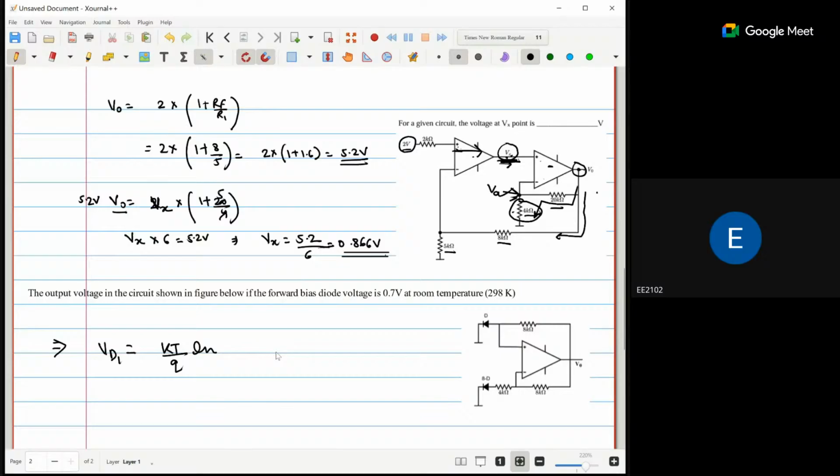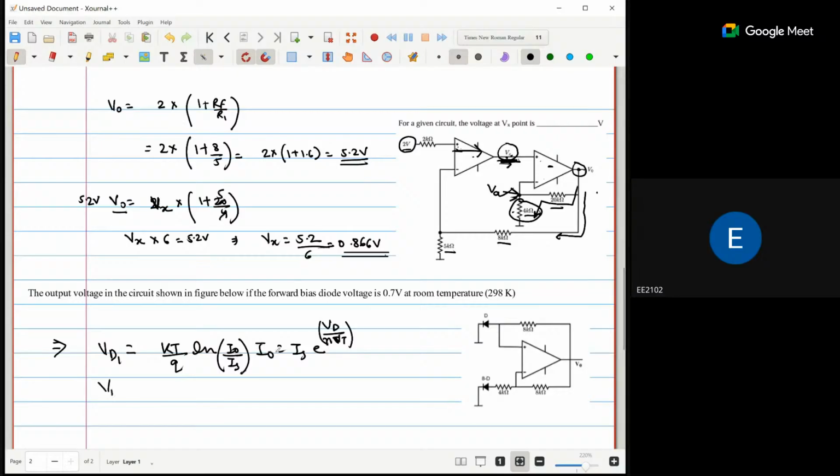Yes, the equation of the diode current: I naught is equal to IS e raised to the power VD upon N VT. So that one is I naught by IS.